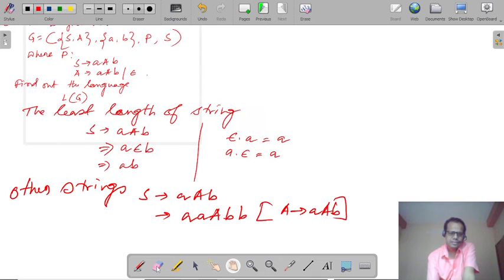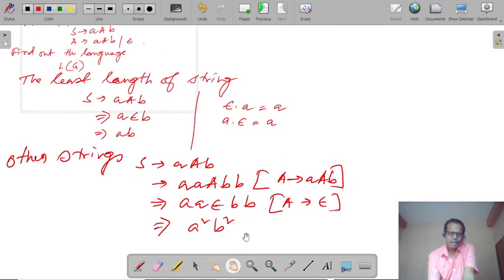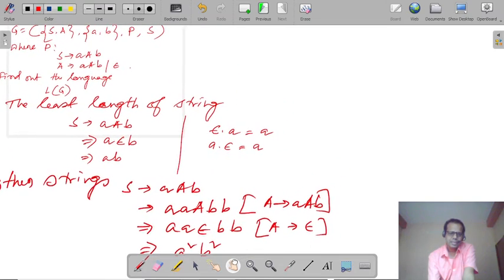In this particular case, A is replaced by epsilon, that is a a epsilon b b. So we are using the production A implies epsilon. So you see this will be a squared b squared.